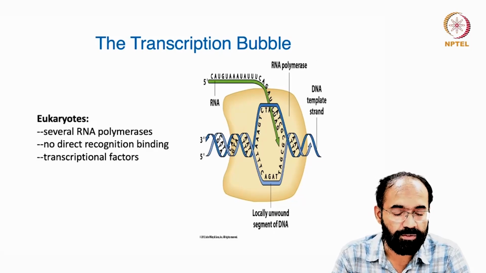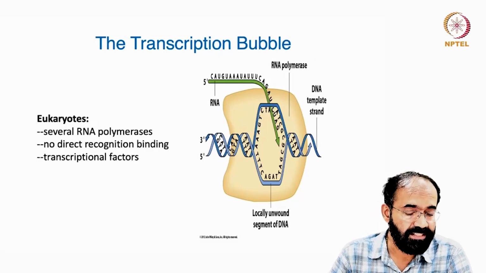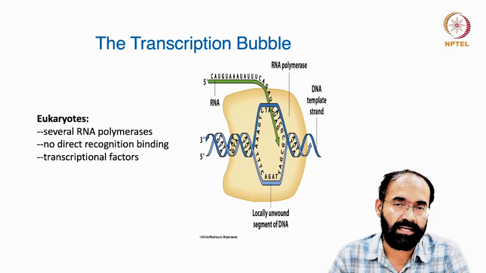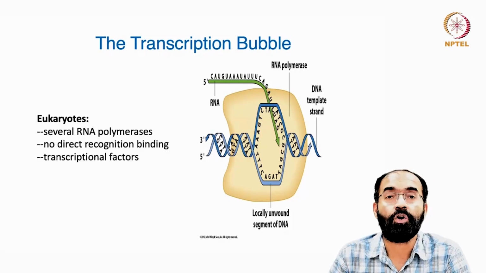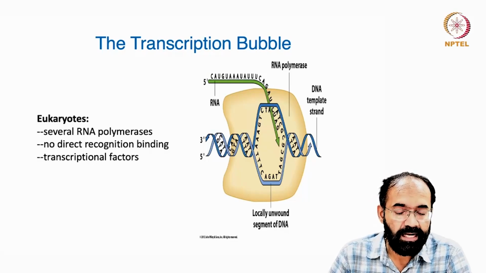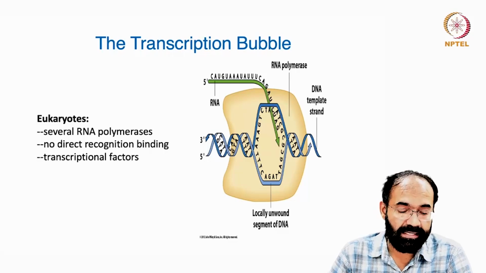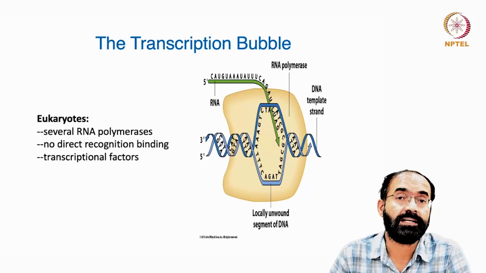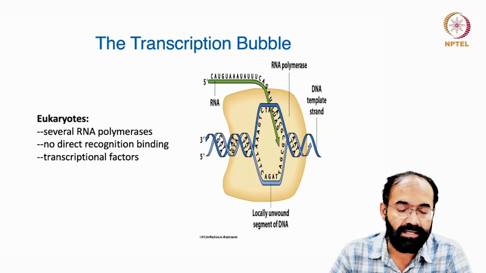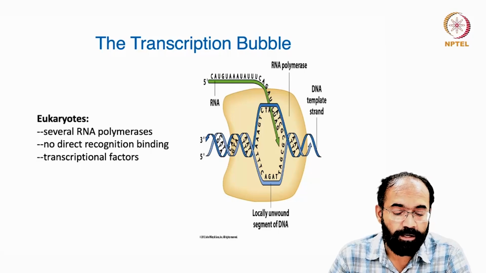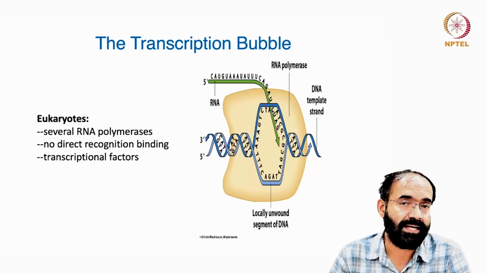And in eukaryotes, the process is the same, except that several RNA polymerases are there. RNA polymerase is a complex of multiple proteins, and there is no direct recognition for the binding to take place, because it is a collective effort. Also, several transcription factors are there.